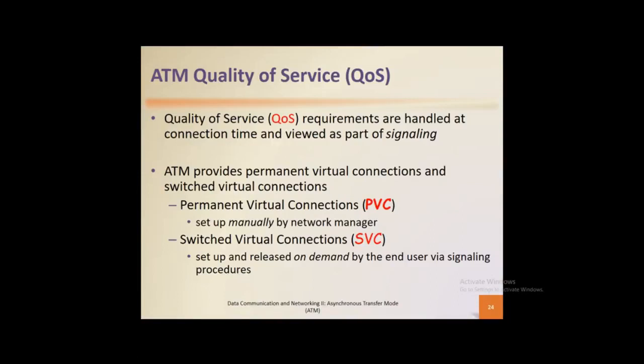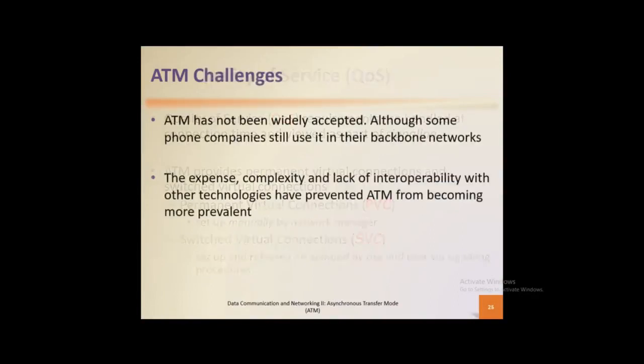Even though one of its implementation goals revolved around interoperability, it still lagged behind, because other implementations came up which had challenges trying to adapt or integrate with ATM systems. So ATM has not been widely accepted, although some phone companies still use it, not today though.